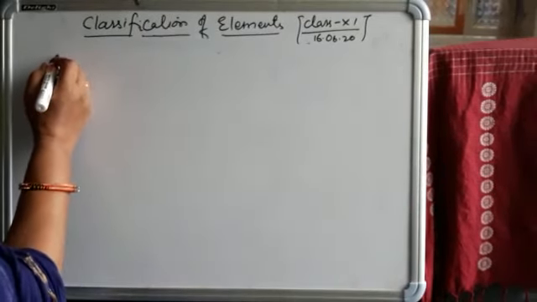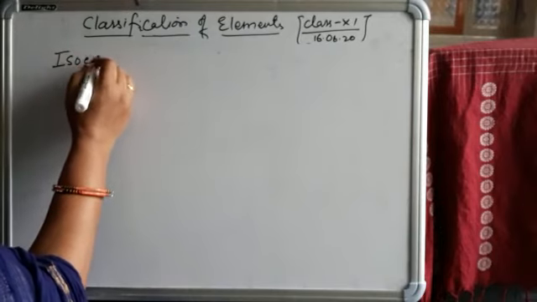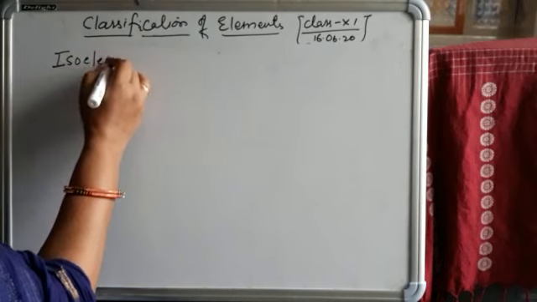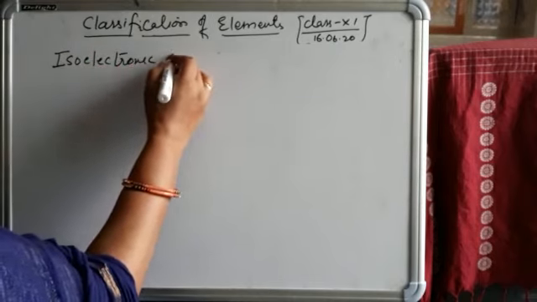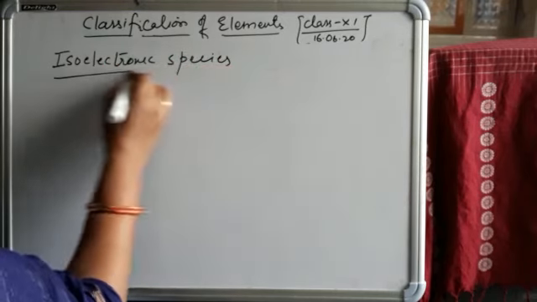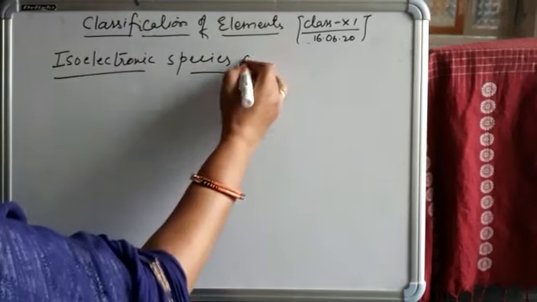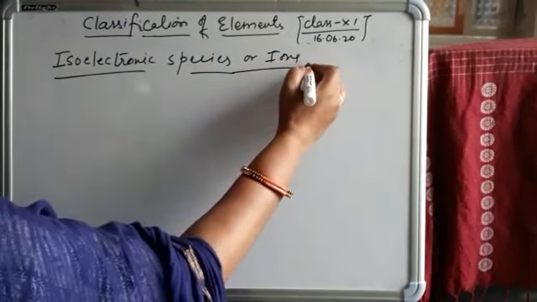Now we will discuss isoelectronic species. Isoelectronic species or ions. We have already read this in structure of atom also.